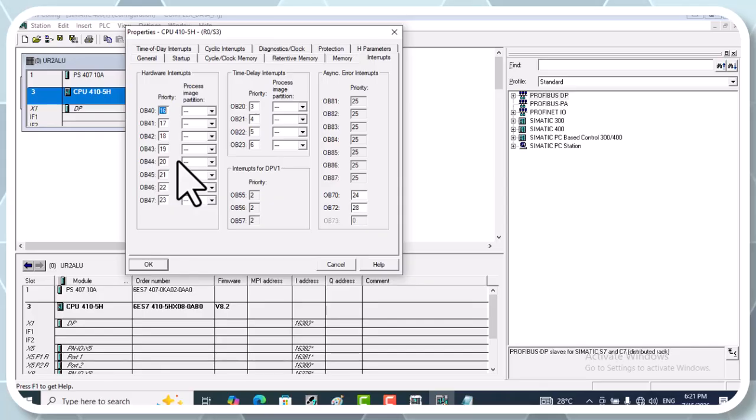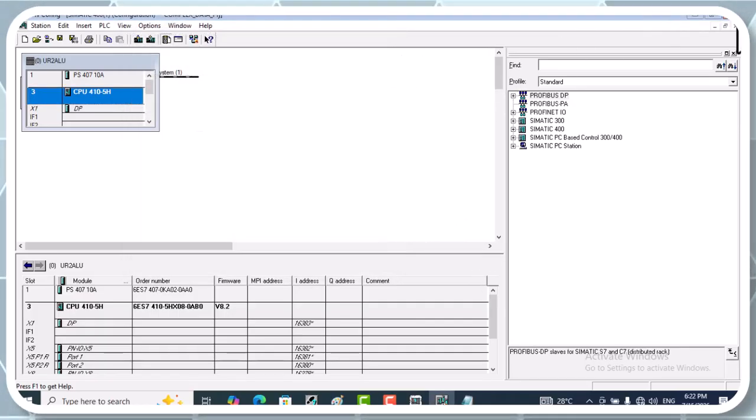So if we get some error from our hardware, or we have some event from our hardware, the operating system calls these blocks. And the next group is the error interrupts group, which will handle the program errors or the system errors of our PLC.